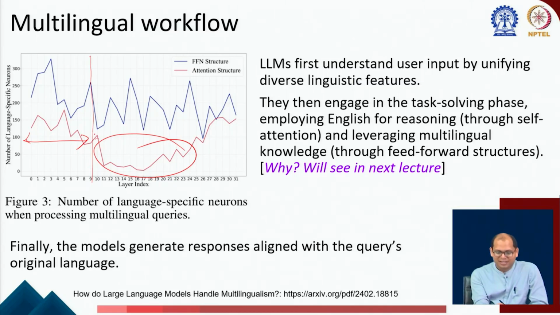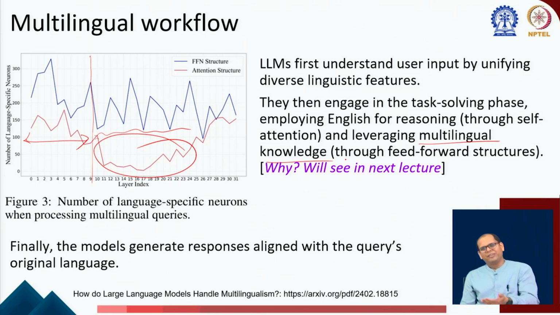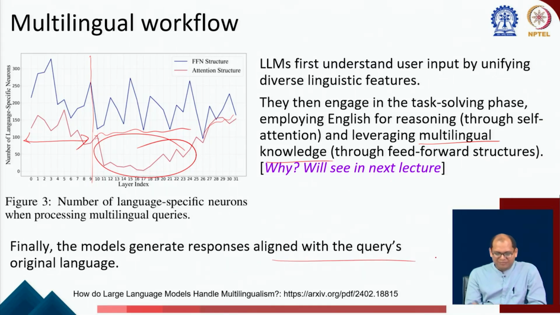But for FFN, you have a consistent behavior. That is why they had a distinction in the middle layer. The thinking is happening in English, while at the same time the knowledge retrieval is happening: you are getting the multilingual knowledge in the feed forward layer through the multilingual neurons, and then finally you generate. Even the attention layer has an increase at the end, so finally the model is able to generate responses aligned with the user query's original language.